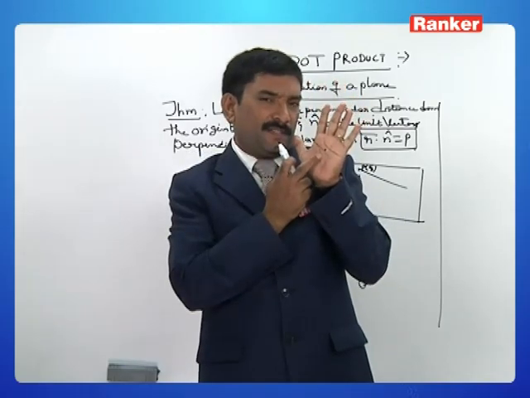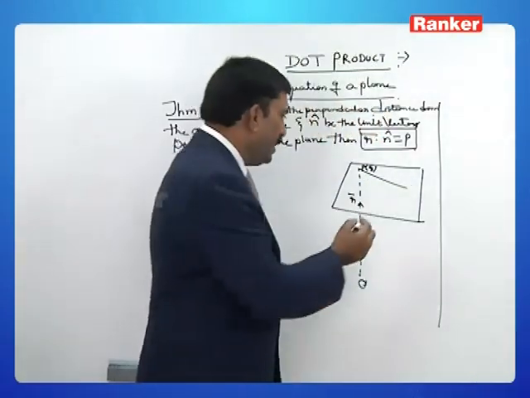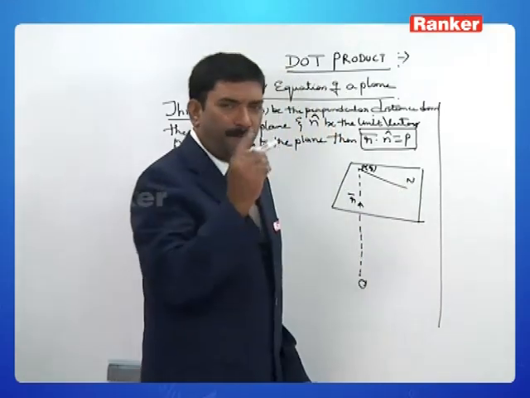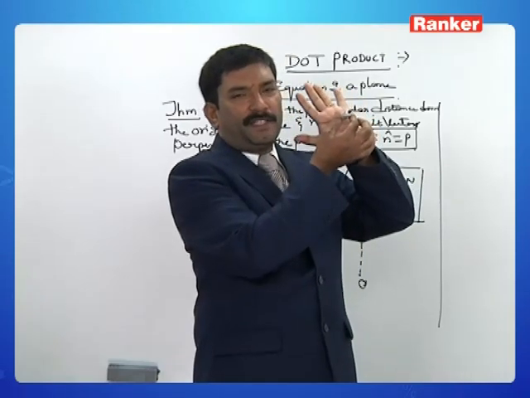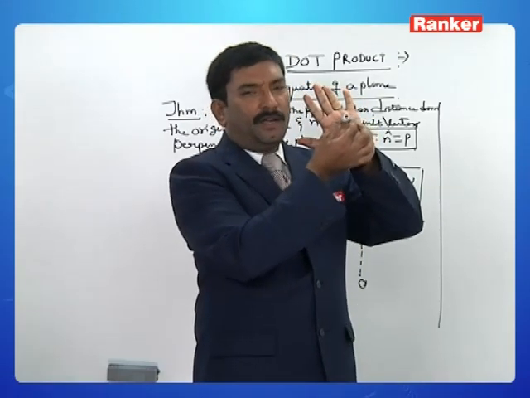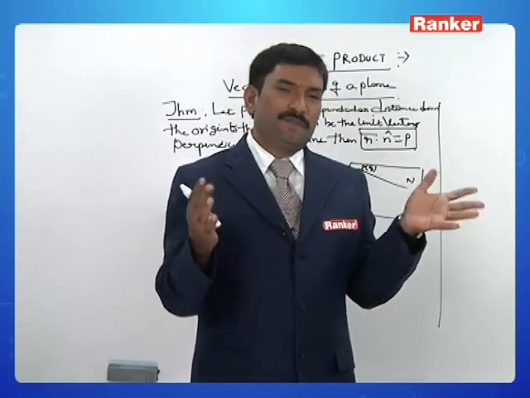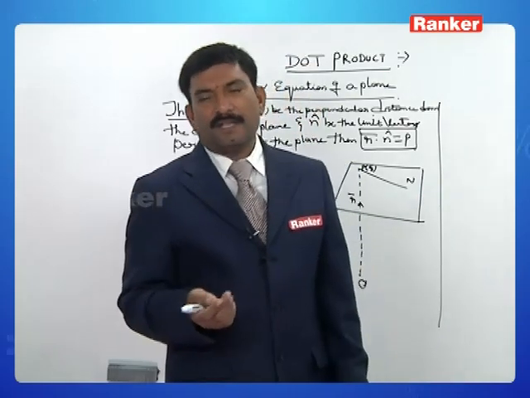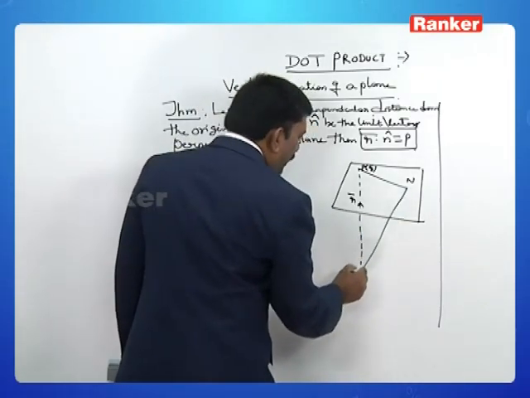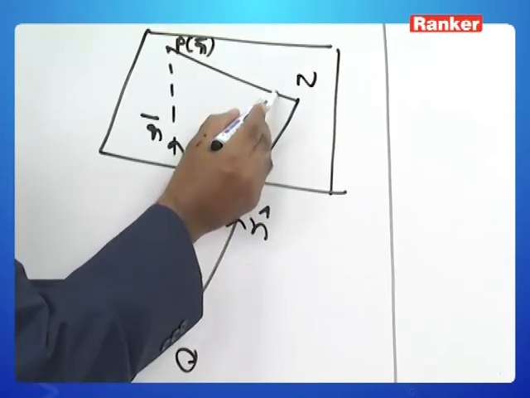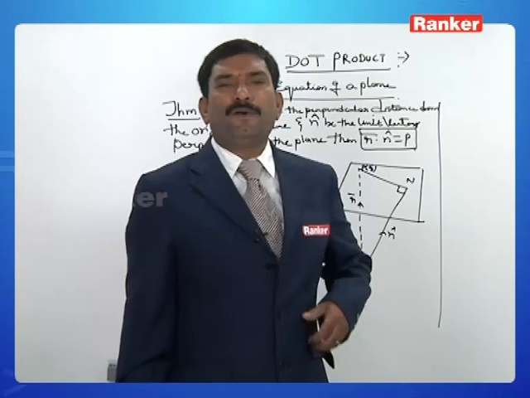Let it meet the plane at a point N. I cannot show it properly because it is a 3D plane; the perception is left to the student to understand, he has to think more. So this is the vector perpendicular to the plane, let it meet the plane at a point N.